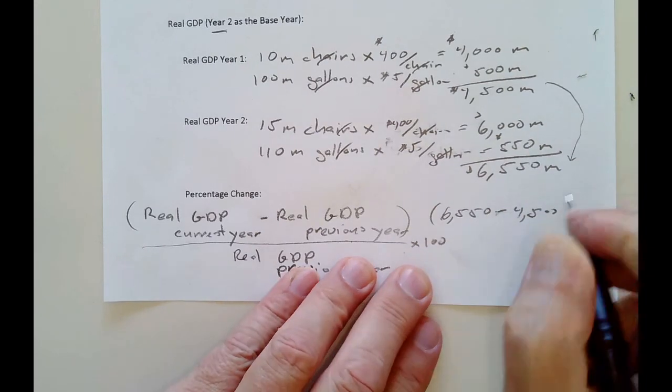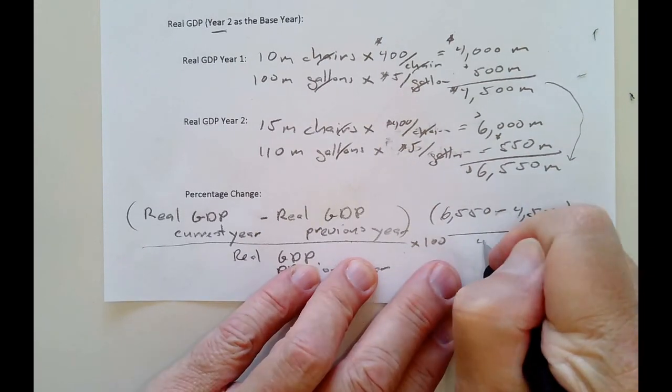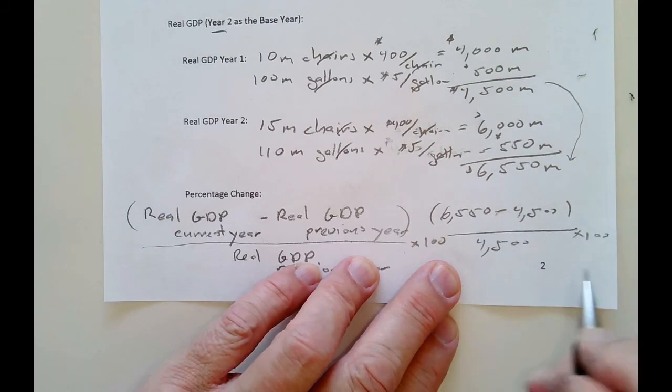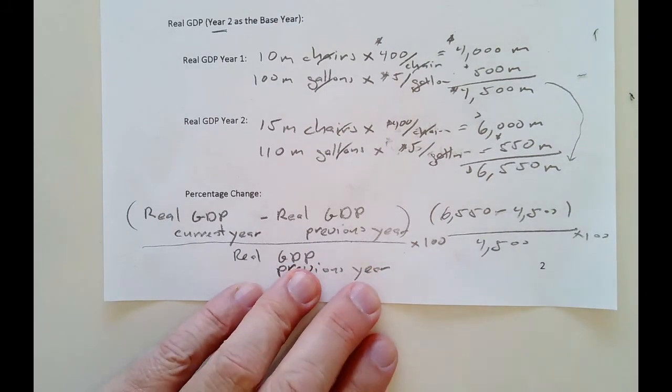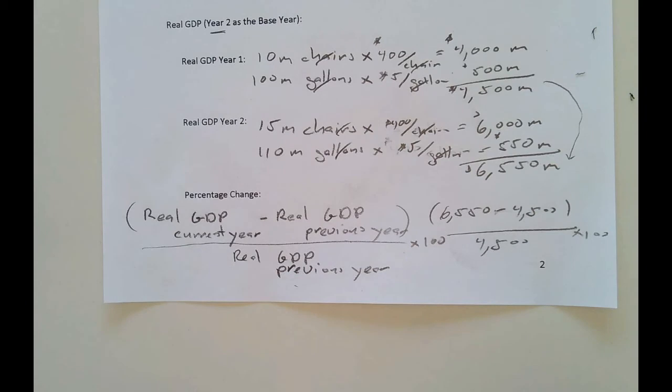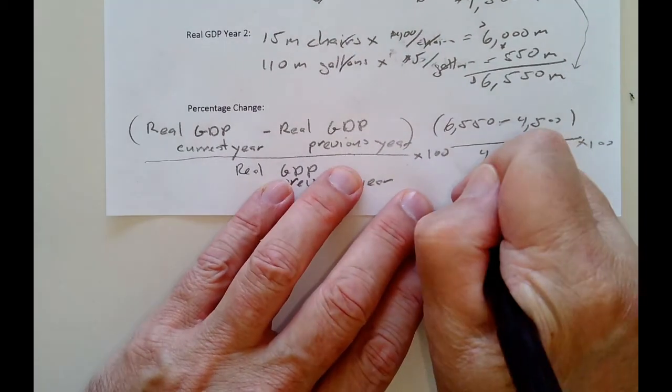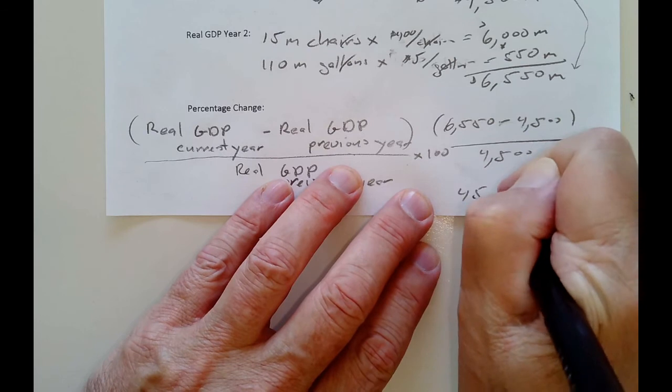Divide by 4,500, and then times by 100. And by doing that, we get 45.56%.